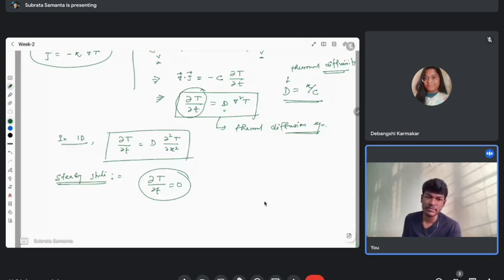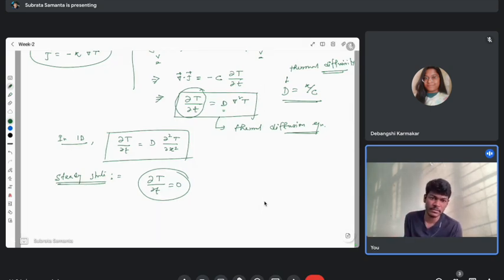So we define a system at a particular temperature, pressure and volume for ideal systems. If we consider the steady state, that means the temperature does not vary with time over a long period.